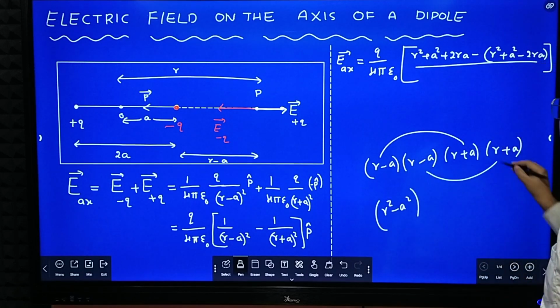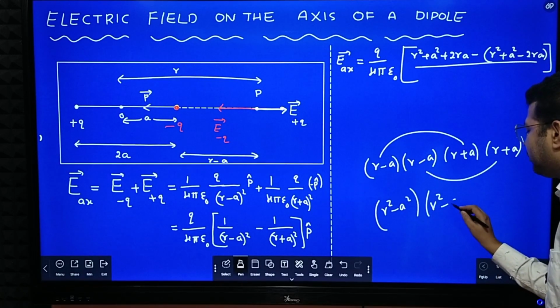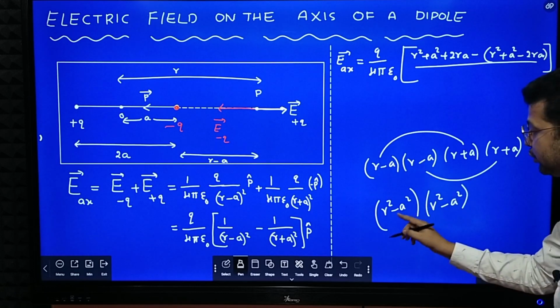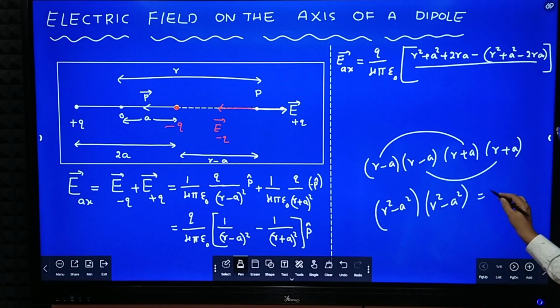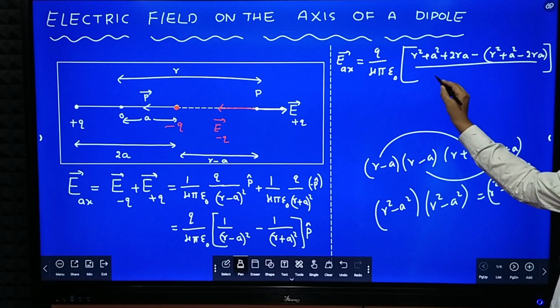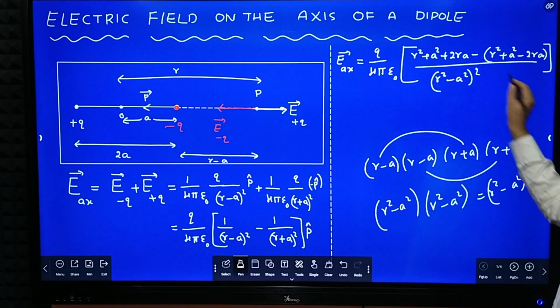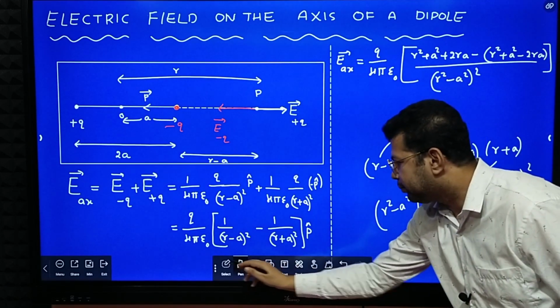Okay, then I'll group these two: (a plus b) into (a minus b) is equal to a square minus b square. So (a square minus b square) into (a square minus b square) means what? (a square minus b square) whole square. So what happens in the denominator? (r square minus a square) whole square. Correct now?